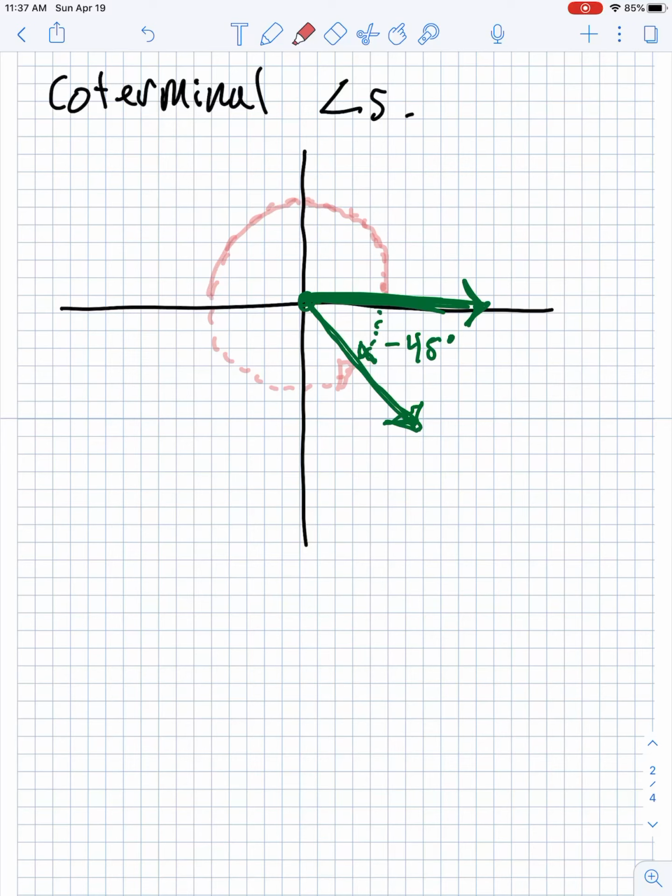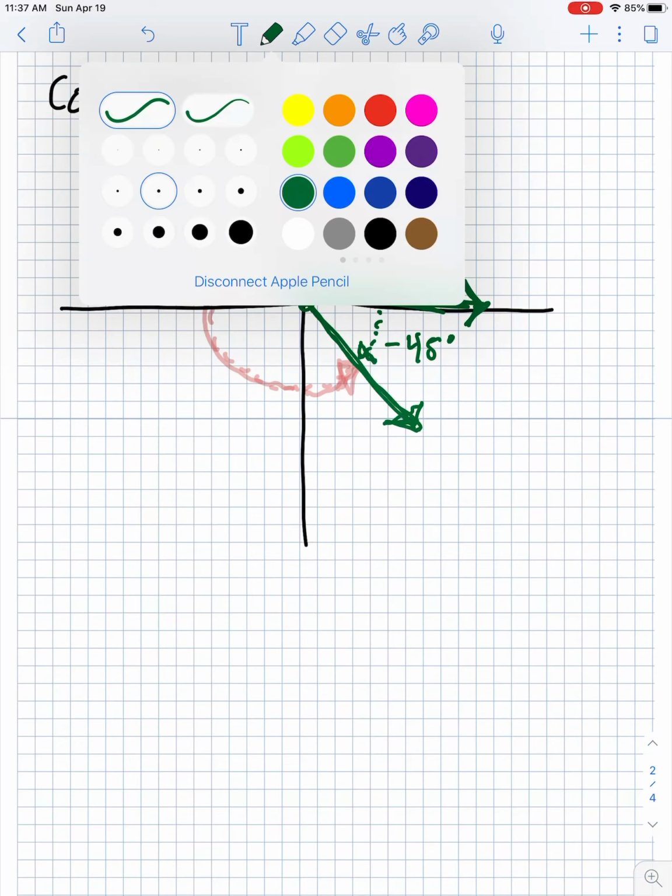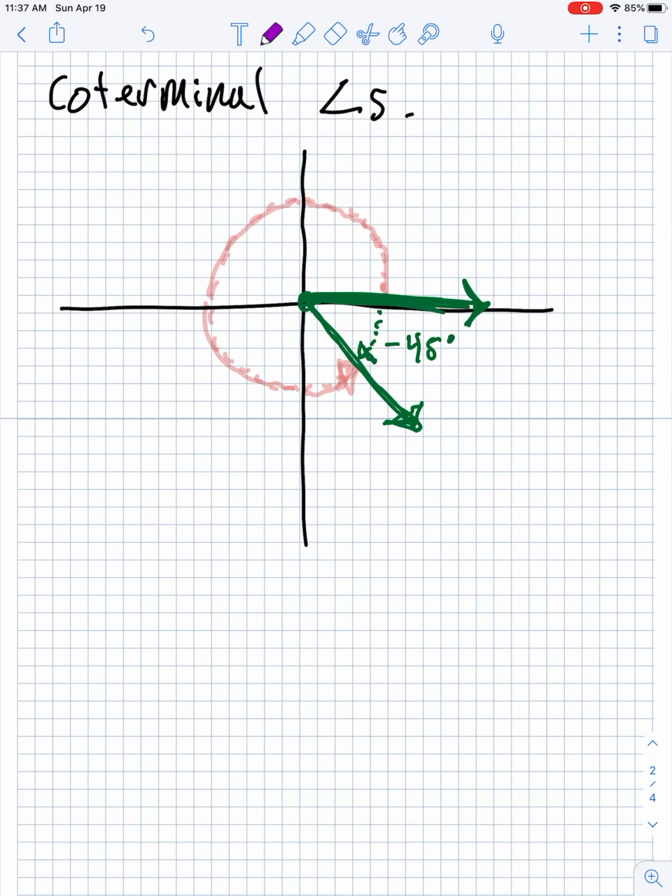Then from here to here is 180. Then here to here is 270. And then you have 45 degrees more on 270. So 270 plus 45, what's that? 315, I believe. So the coterminal angle, if you go all the way around the backside, would be 315 degrees.